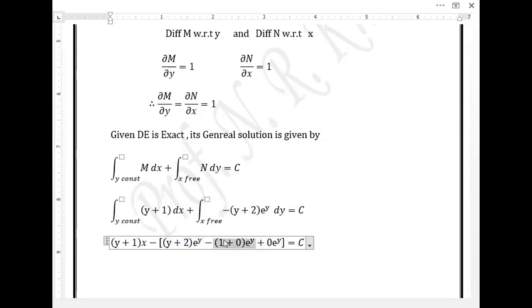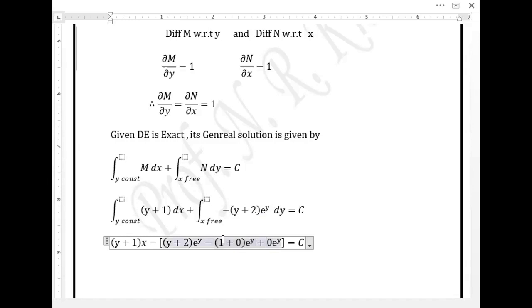The first term is y plus 2. The derivative of y with respect to y is 1 and the derivative of 2 is 0. Then 1 plus 0, and again second function, that is e raised to y, its integration twice. And we know that the integration of exponential functions once, twice or several times is itself. So we get 1 plus 0 into e raised to y.